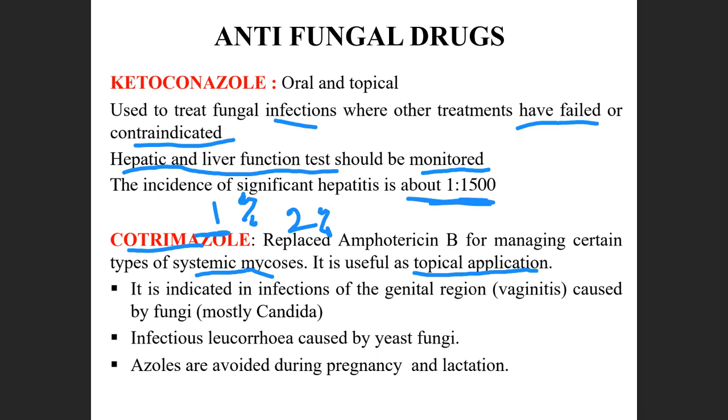This drug is applied topically, especially in cases of genital region infections caused by candida, or vaginitis caused by fungal infection. This could be a normal fungal infection when someone comes in contact with the fungi directly, or it could be because of an antibiotic flare-up causing fungal infection.